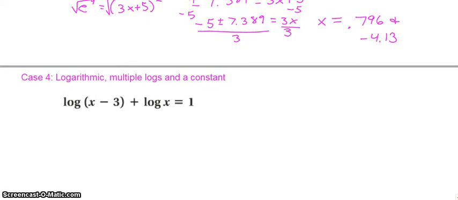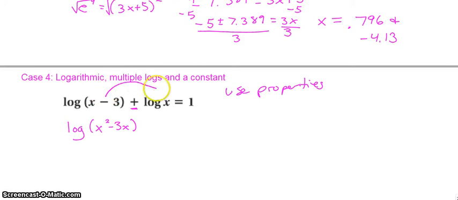Last case, and again, even with these, there might be slight variations, but if I have multiple logs and a constant, so I have that constant of 1, use your properties to combine these two logs. So here I'm adding, so I would be multiplying my arguments. So I would have log of x squared minus 3x, since I multiply this argument with that one, and I would distribute my x.